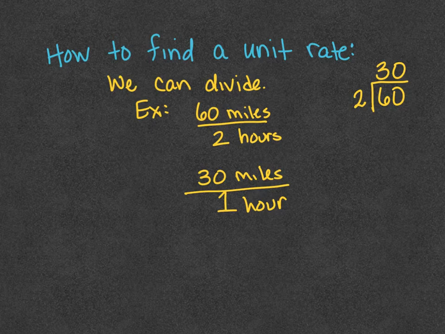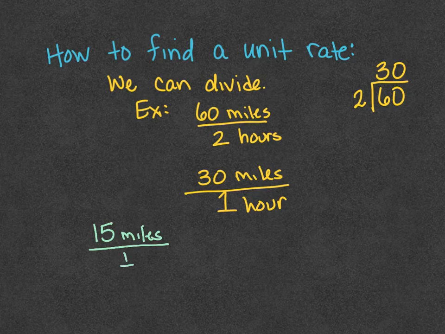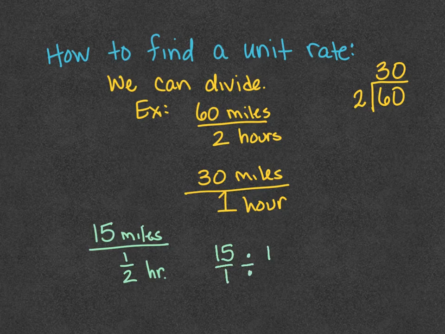Let's say they give the example of 15 miles in half an hour, 15 miles per every 1/2 hour. Even with that fraction being there, don't let that scare you off. To find the unit rate, I could still divide it. So I would do 15 over 1 divided by 1/2. Remember our skills. When we have divide, we would rather multiply.